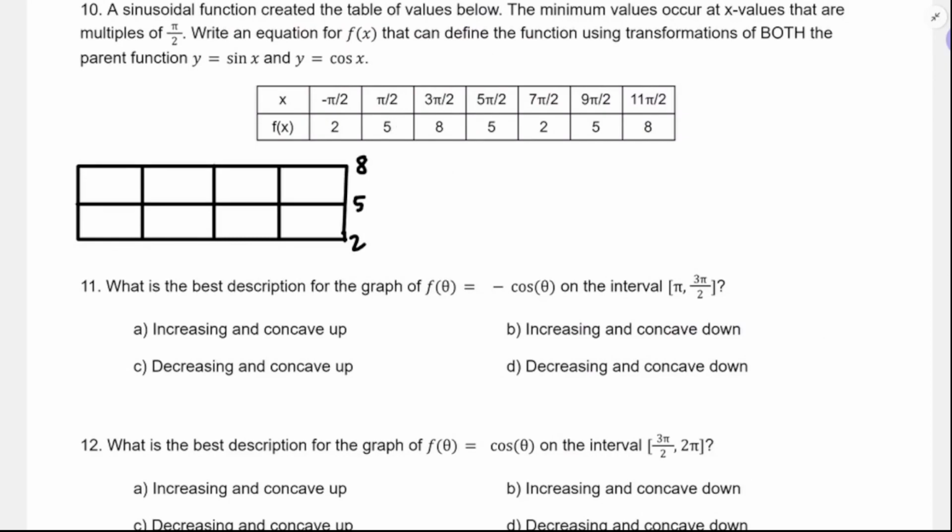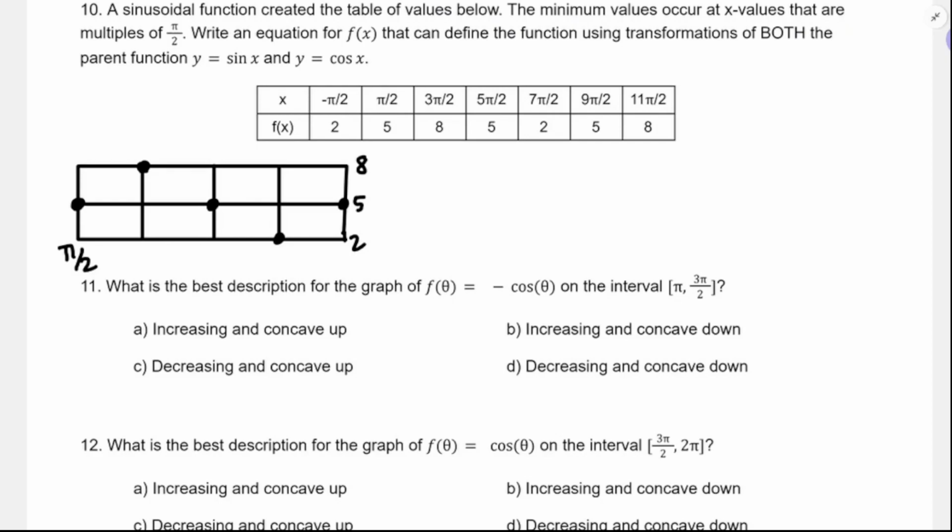For regular sine, the phase shift is going to a place where we're in the middle and coming up. That's going to be right here where I'm at 5 and I'm increasing from 2 to 5 to 8. So that's going to be pi over 2. I'll plot my point there, 5 to 8 to 5 to 2, back to 5. I already know that the midline's 5, the amplitude's 3.